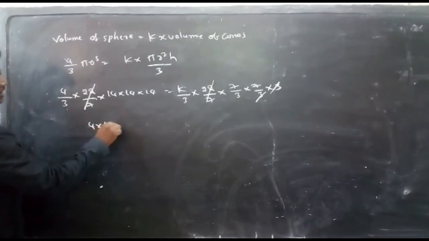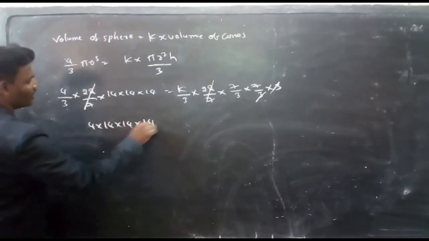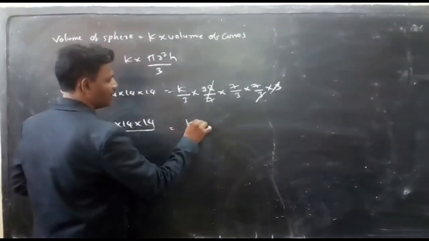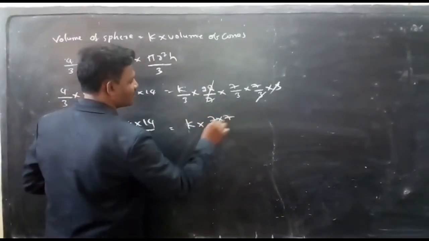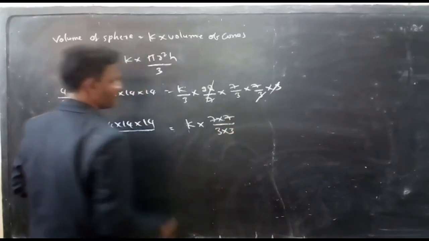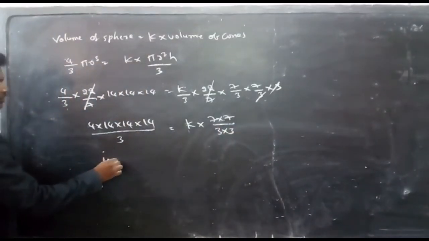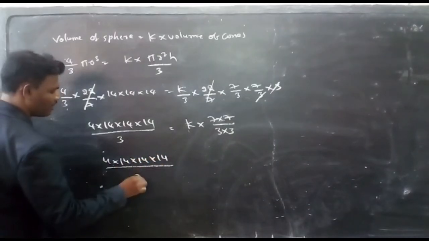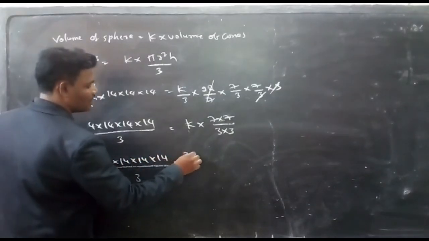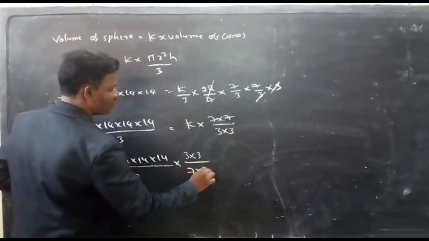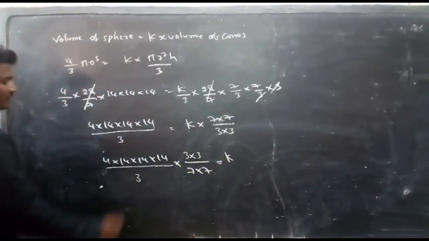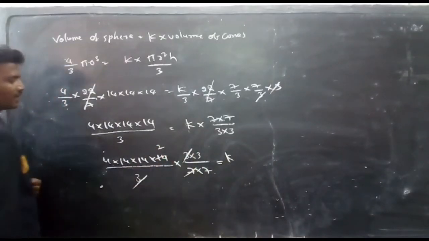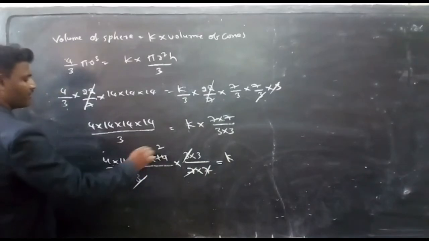4 into 14 into 14 into 14 by 3 is equal to K into 7 into 7 by 3 into 3. Now here, 4 into 14 into 14 into 14 by 3 into 3 by 7 into 7 is equal to K. First 3 and 3 get cancelled. 7 1s are 7, 7 2s are 14.